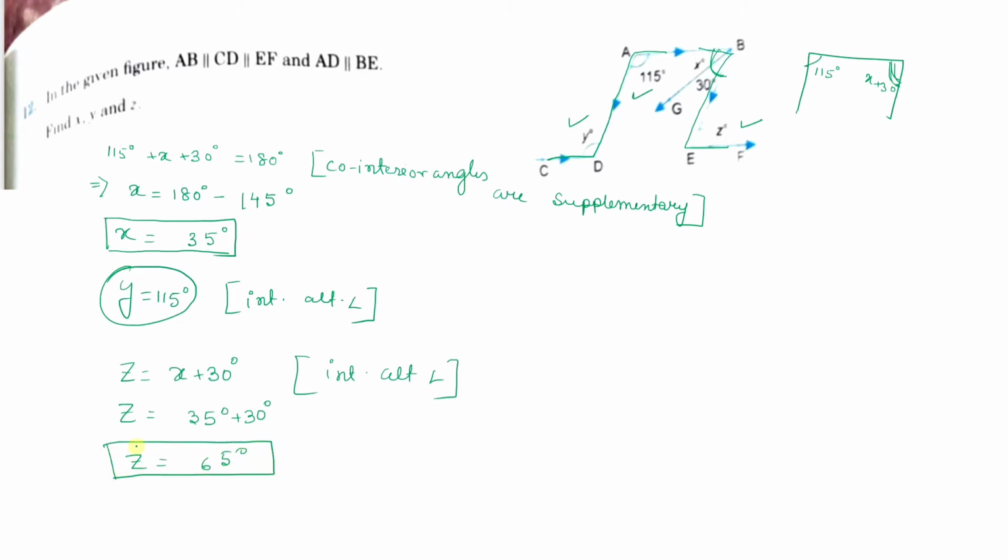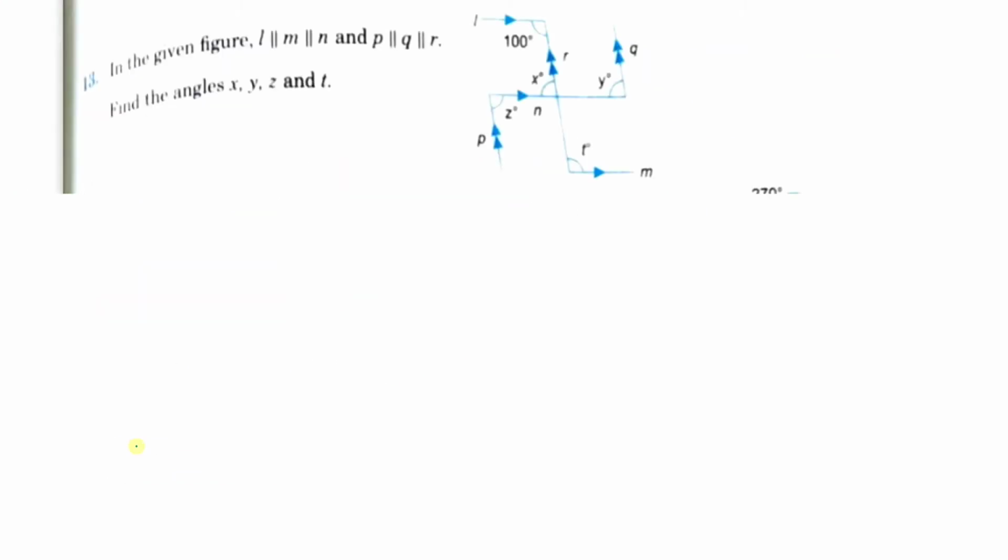Fine. Okay, moving to next number, that is number 13. Let us solve this one. Here we have to find x, y, z and t. Fine. So it's very obvious that a structure like this is being formed. So 100 and x will be co-interior angles.